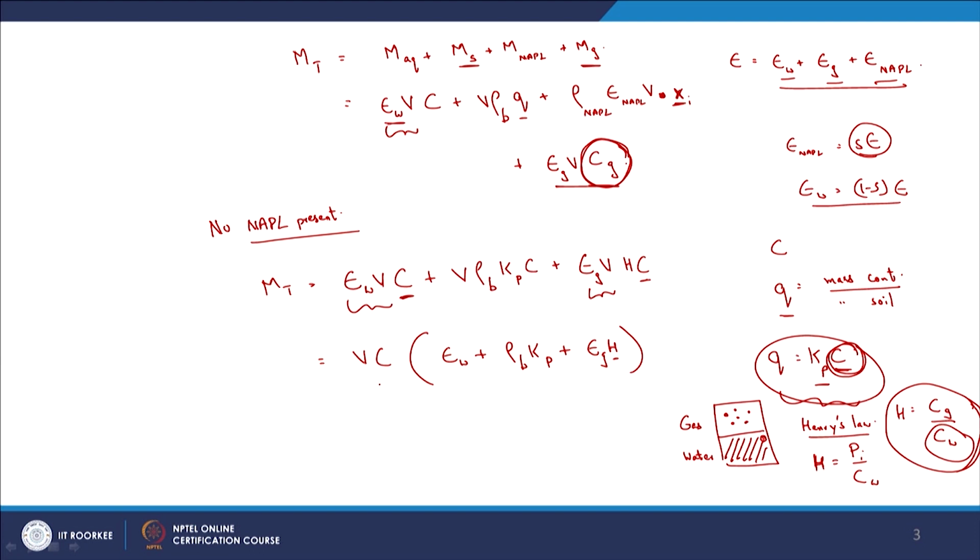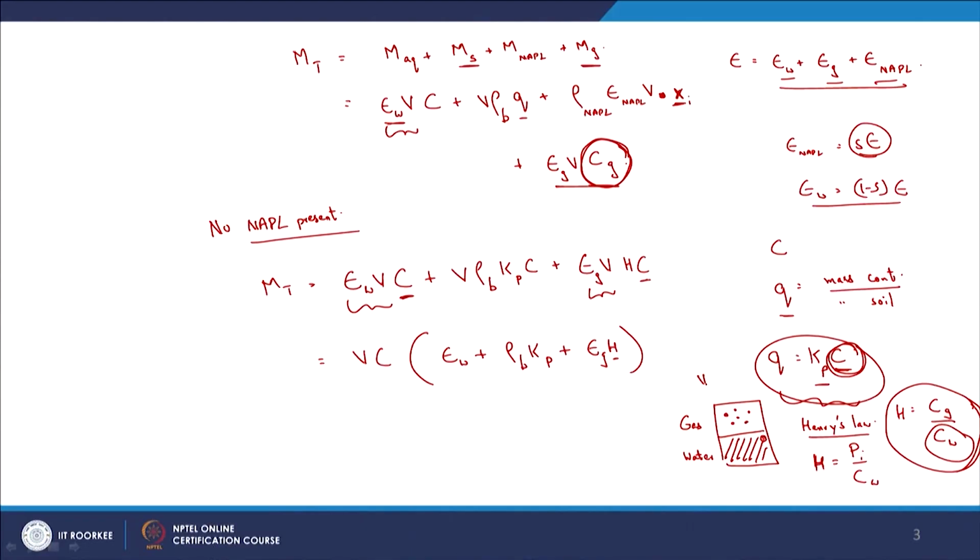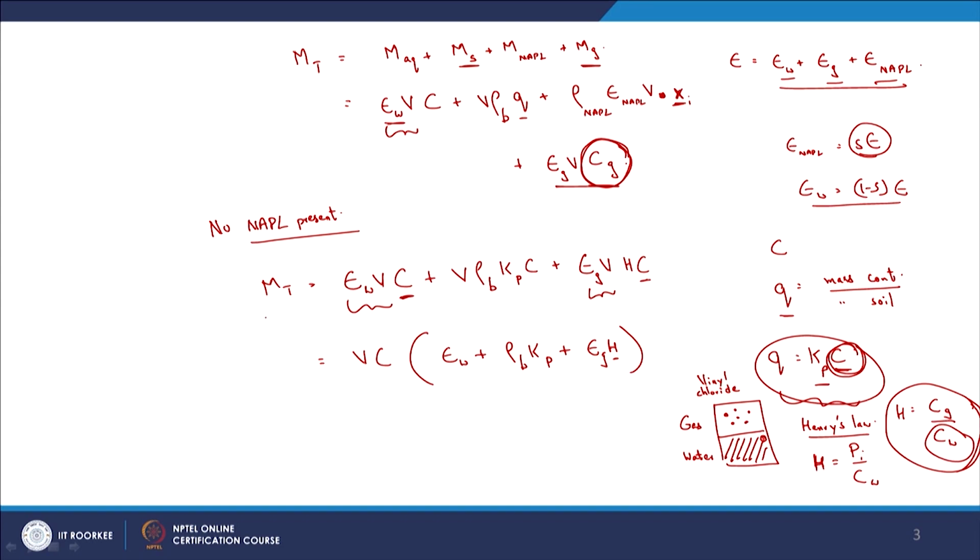But one aspect to keep in mind is that, similar to the vinyl chloride case that we just looked at, if it is a volatile compound, most of the concentration will typically be present in the gaseous phase. So, rather than expressing this set of variables in terms of the concentration of water, it is better to express it in terms of the concentration of the gas.